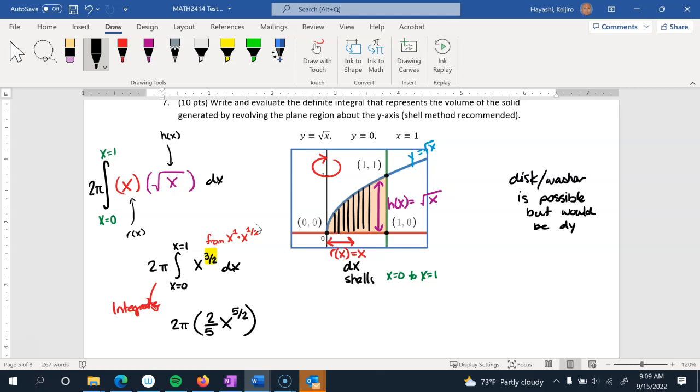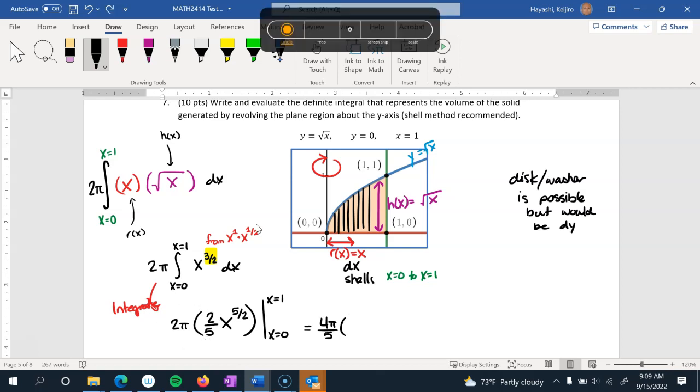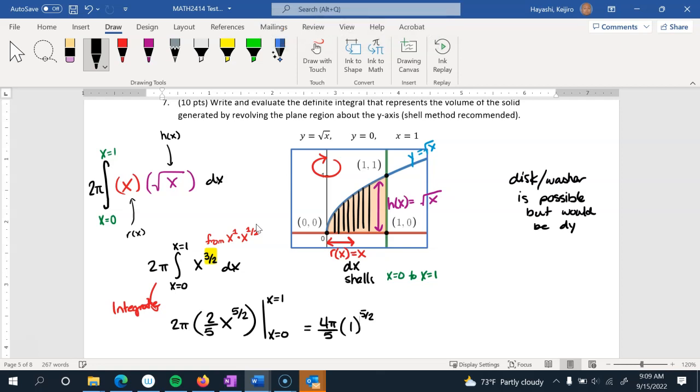So it's just 2 pi times 2/5 x to the 5 halves, evaluated from x equals 0 to x equals 1. Which, I mean, you can even combine these and say that's 4 pi over 5 times, just combine these coefficients together, times 1 to the 5 halves, and subtract whatever you get when you plug in 0, which is 0.